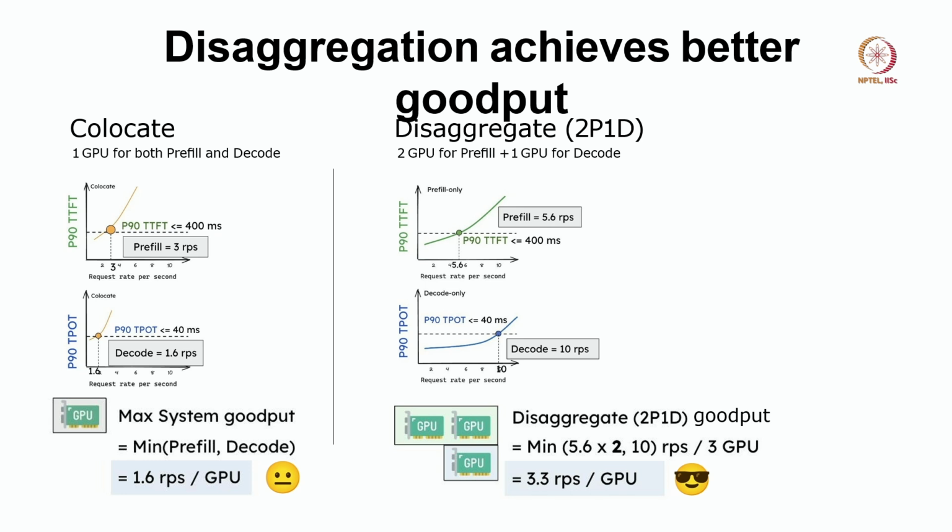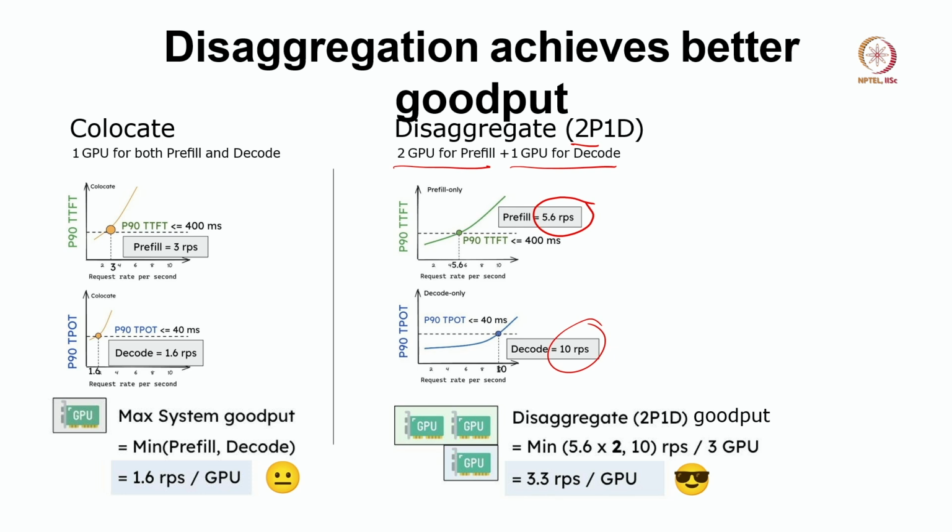Now let's see when we disaggregate, let's say we have two GPUs for prefill and one GPU for decode. You can see that the throughput of prefill is now 5.6 requests per second, and the throughput of decode is 10 requests per second, right?